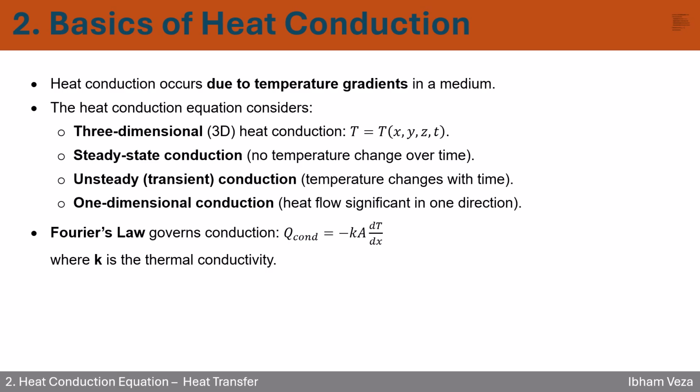At the heart of it all is Fourier's law, which directly links heat flow to the temperature gradient. Focus on this principle. It's your starting point for any heat conduction problem, from simple walls to complex 3D systems.